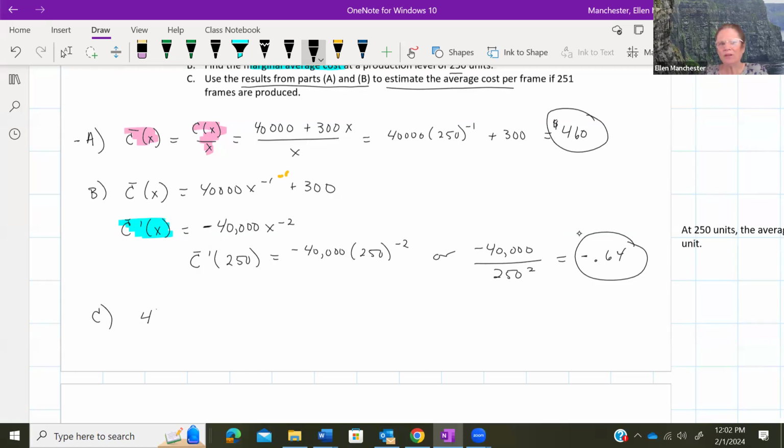Well, I have an average of 460 and it's going down 64 cents on my next unit. So this is the 250, and the 251 is going down. So it's actually going to be 460 minus 0.64, so my 251st unit is going to have an average cost of 459.36. So you can use the information that you have to estimate what the next one's going to be.